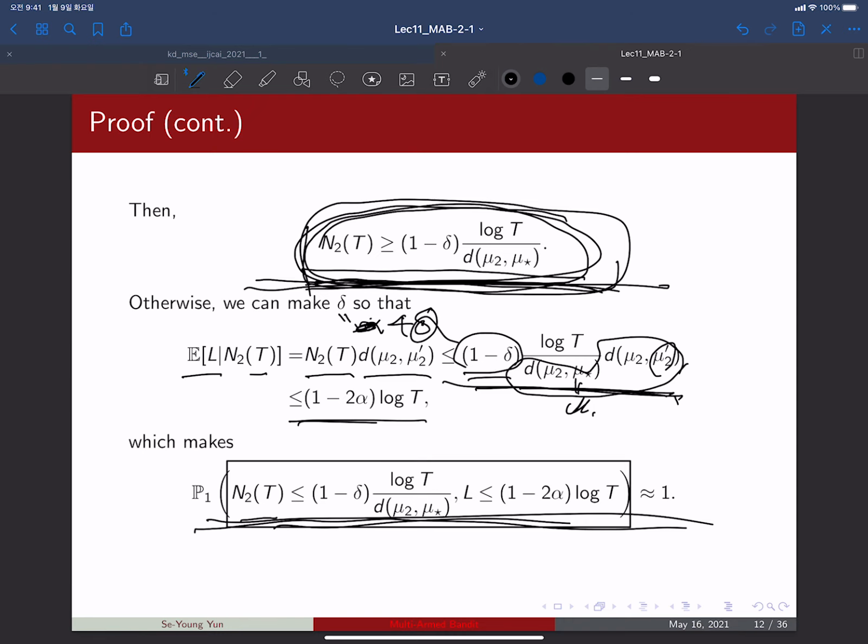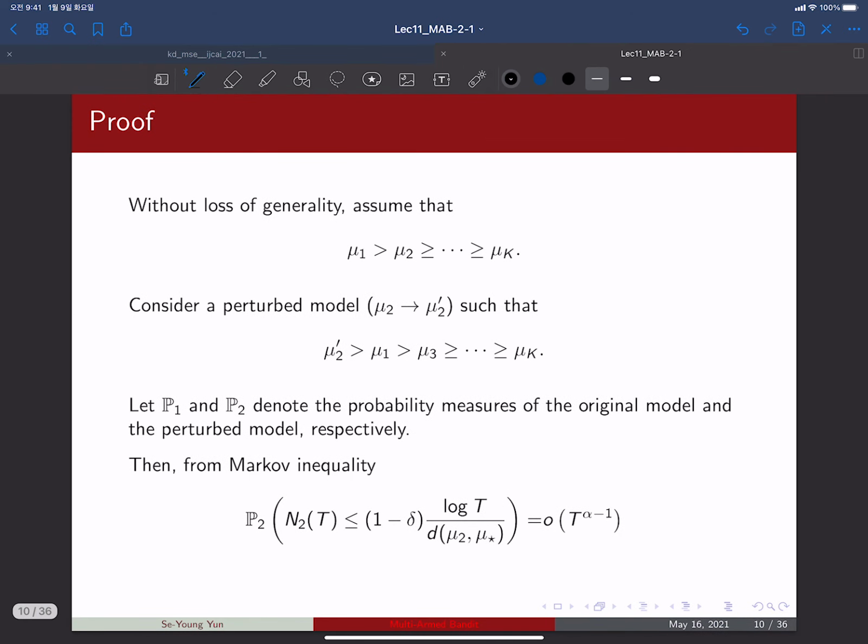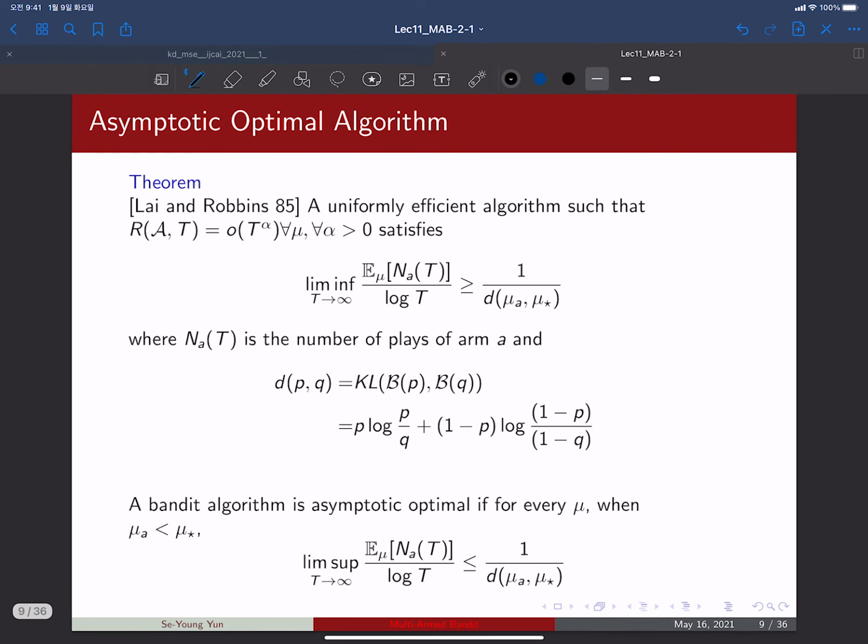So we complete the proof when we assume a uniformly efficient algorithm that has this regret bound. Then essentially the number of observations for each arm divided by log t is always lower bounded by 1 over the KL divergence between mu a and mu star. That's it.